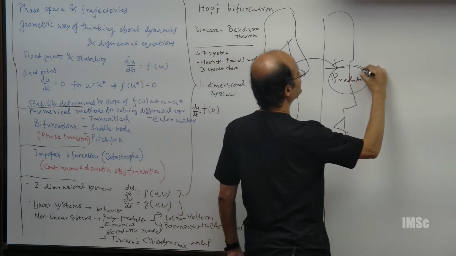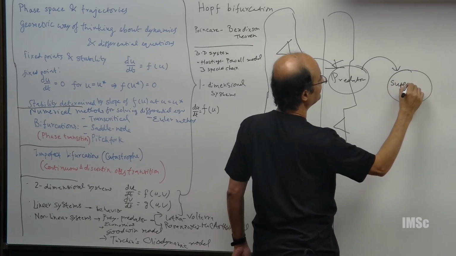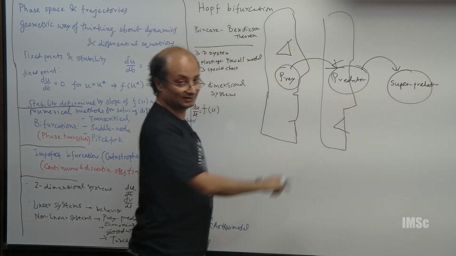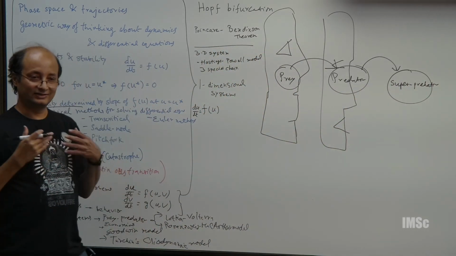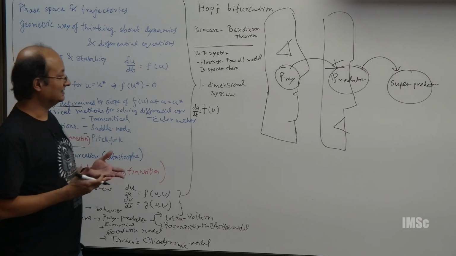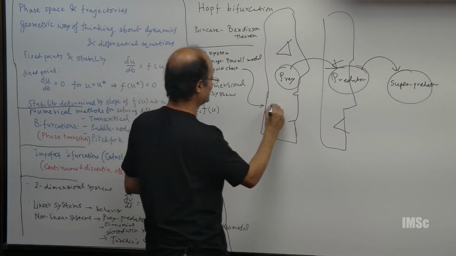Now, the Hastings-Powell model says, what if there is a super predator, something which is preying on the predator? So you now have 3 variables, 3 coupled differential equations. And suddenly you see a completely different kind of behavior, chaos.